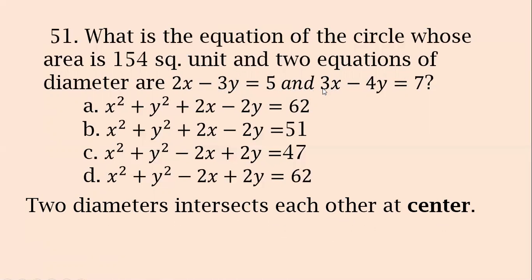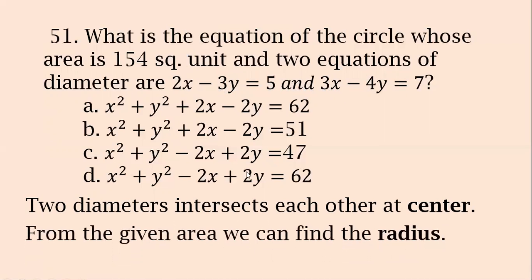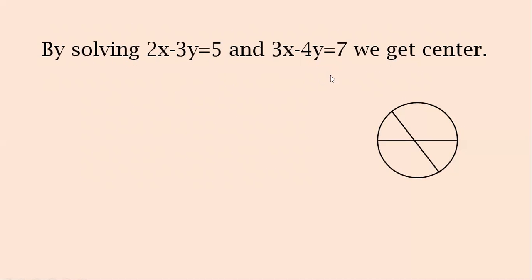And if we get the center, and from this area we can find out the radius, then we can find out the equation of the circle. So this is one diameter, this is another diameter, and they intersect each other at the center. So by solving the two diameters, we get the center.